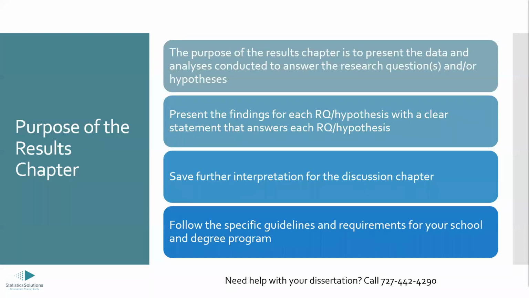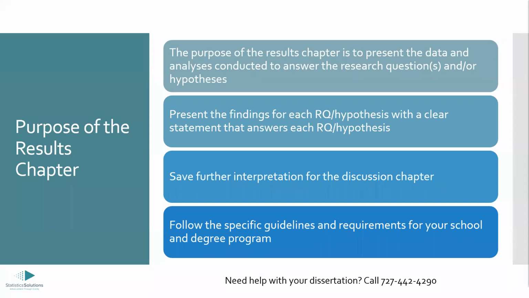Okay, so first let's just briefly talk about what exactly the results chapter is and why the results chapter is important. The purpose of the results chapter is to present the data and the analyses conducted to answer your research questions or hypotheses.